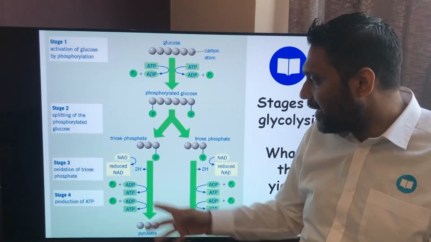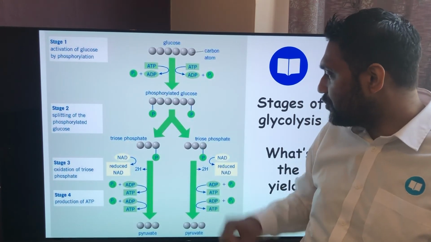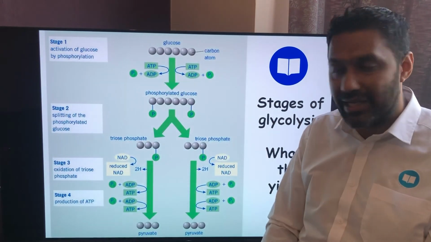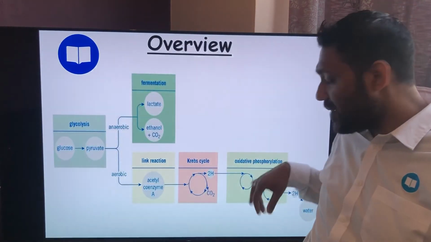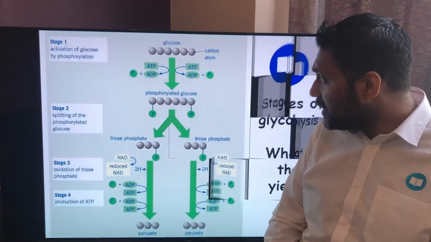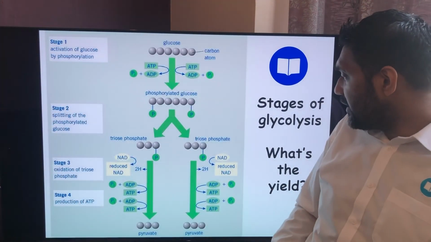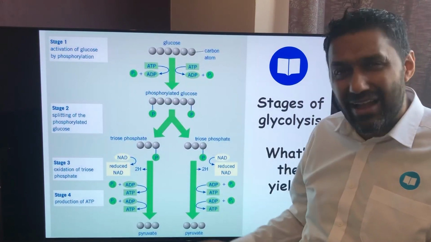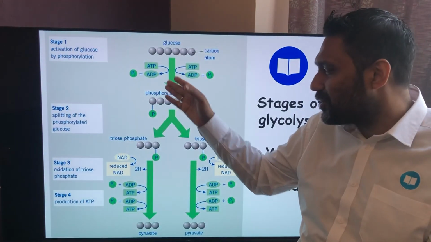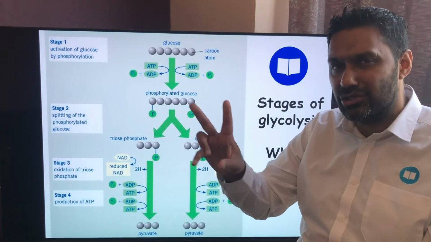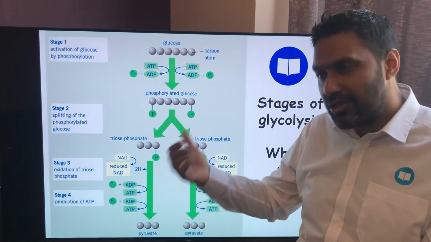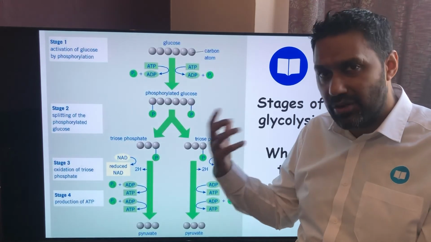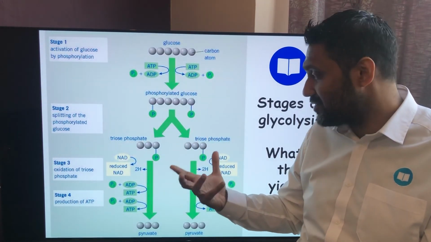But you also get a reduced NAD and a reduced NAD. So you end up with 2 lots of reduced NAD, which is going to end up here. So you're going to end up with lots of ATPs from them as well. So ultimately, you do get extra energy. But it's not that efficient, because you're putting 2 in, you're only getting 4, so you're only getting 2 on top. If this was anaerobic respiration, there would be no oxidative phosphorylation, there would be no electron transport chain, which means you'd only get 2.